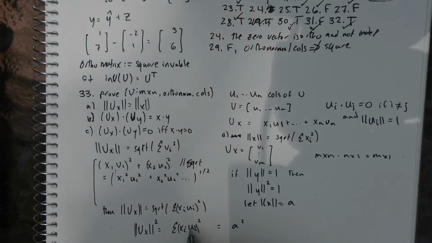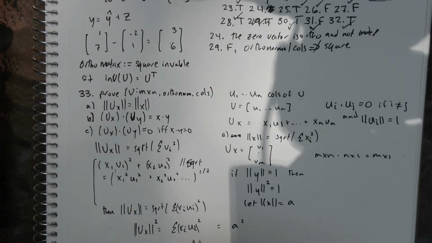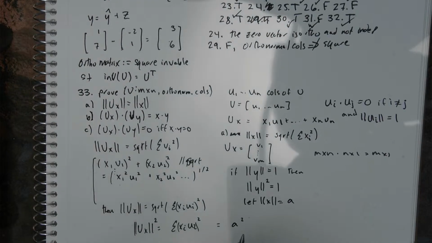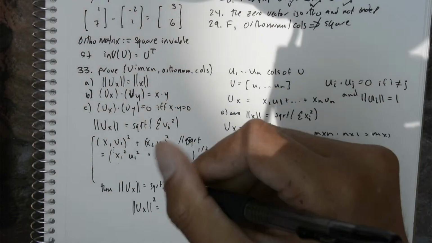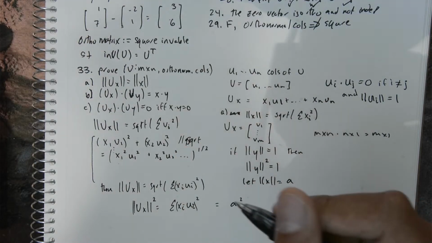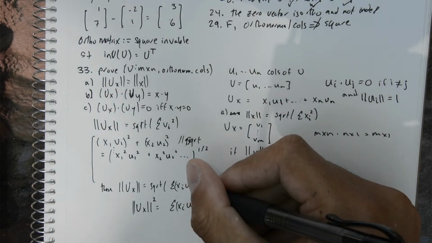Wait a minute. This isn't quite right though. Something is wrong. Because this is going to be a vector. Ui is a vector.